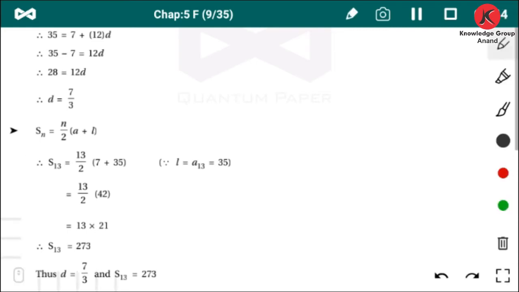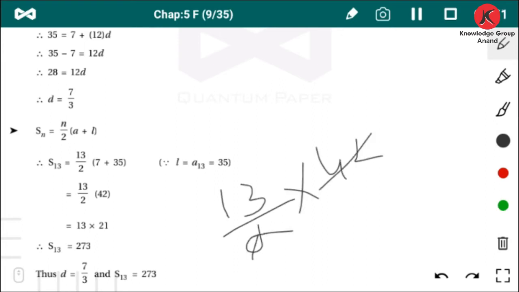Here 2 twenty-ones are 42, so 13 into 21 = 273. Here d = 7/3 and S13 = 273.